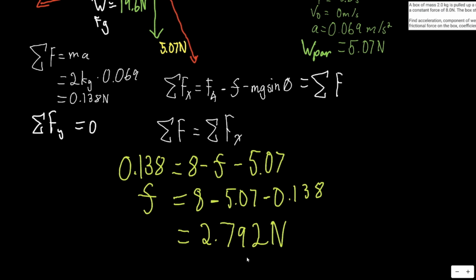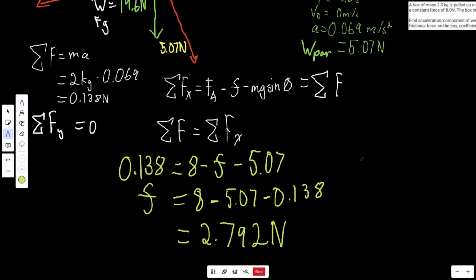And if we're going to follow significant figures, we're following two significant figures here, since this 8 is actually 8.0. So it's 2.8 newtons. There. That's our answer for the third required to find.